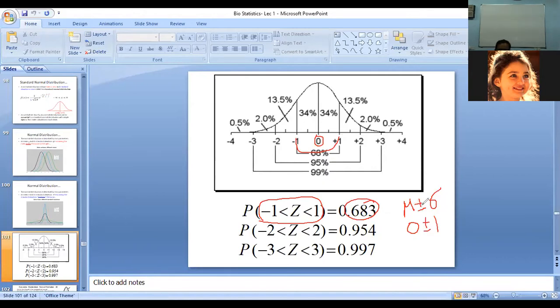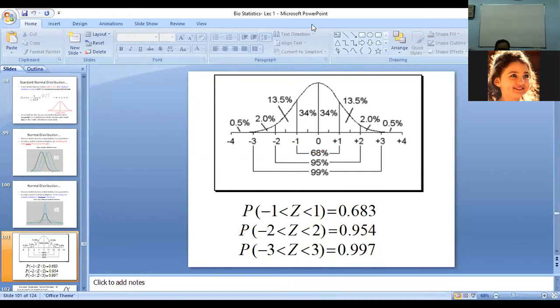Similarly, mu plus or minus 2 sigma means z from minus 2 to plus 2. So that is 95.4%, and this is 99.7% if it is mu plus or minus 3 sigma. So that is how it goes.